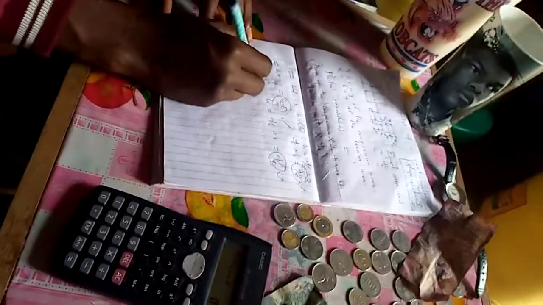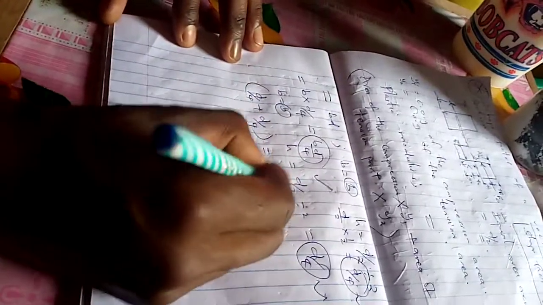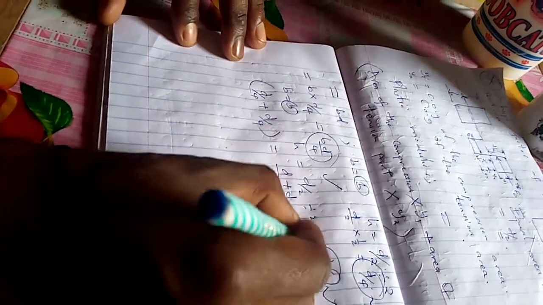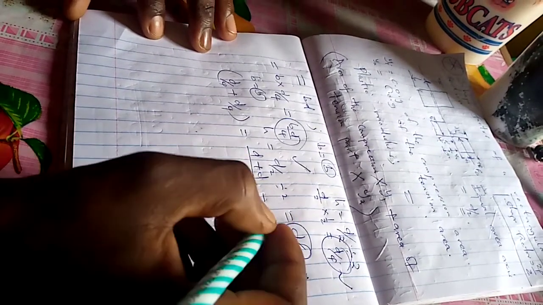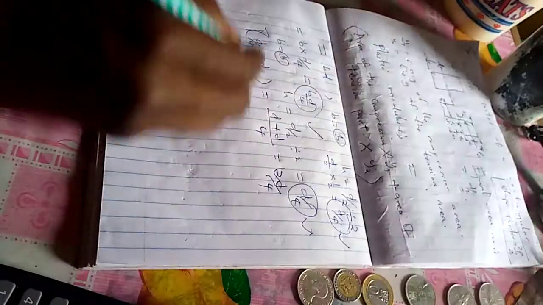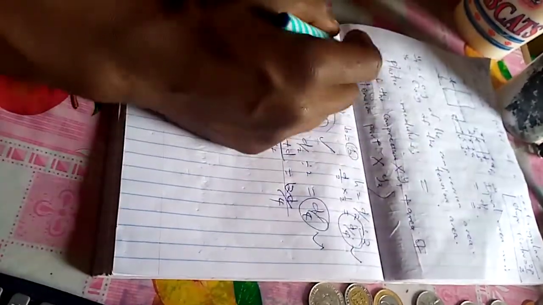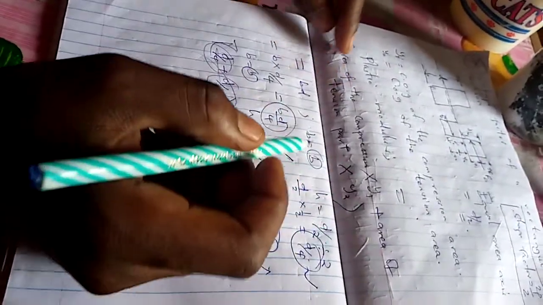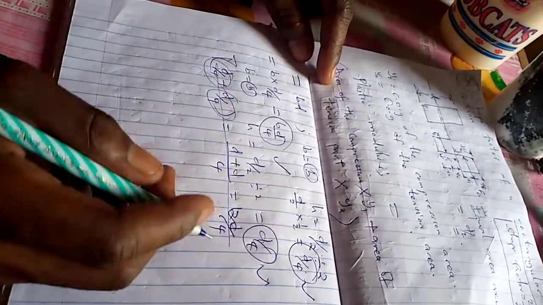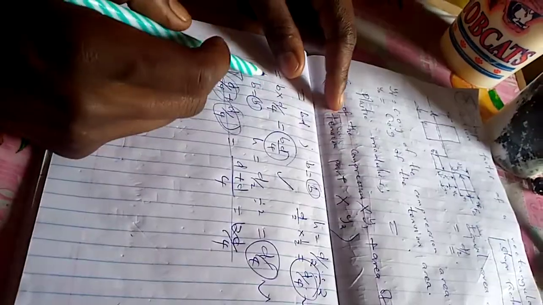So we'll have to add the two, this one and this one. D over 4, you add D over 4. LCM is 4. D plus D equals 2D over 4. So before we add this one and this one, we'll have to substitute the same formula here. So we have the area of the compression and the area of the tension part. So we'll have to multiply each area by the Y1.